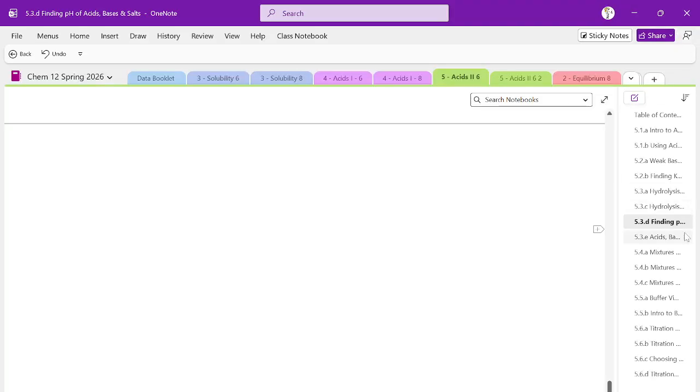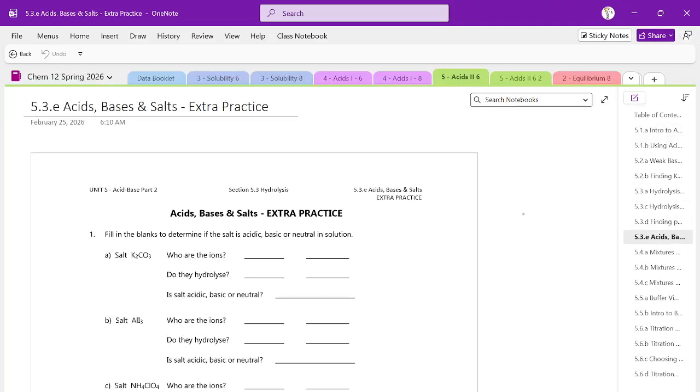Okay? I would say to practice for this, you would like to do acids, bases, and salts extra practice. Let's try 5.3e. That'll do the hydrolysis part, and then the strong acid, strong base part. Let me write that up here. 5.3e.